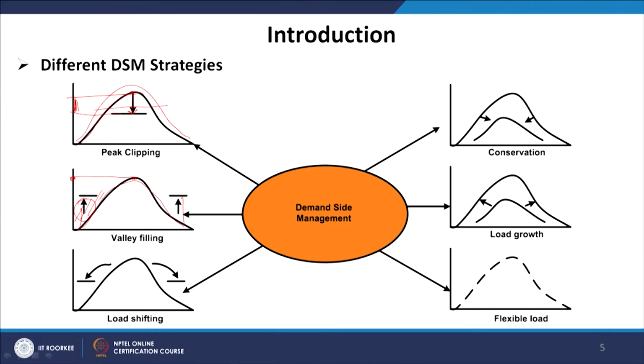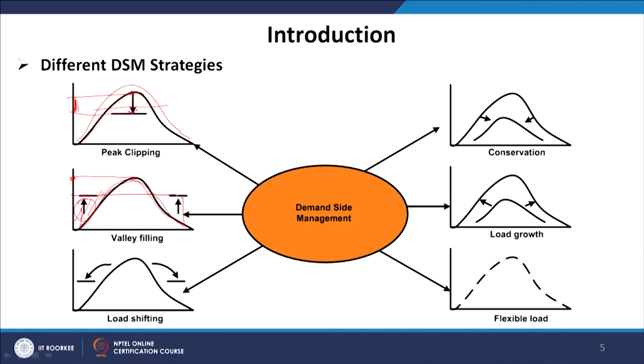After all, the area under the curve, or the energy for a given utility, has to be the same even though the time of operation changes. So I can say the area under this characteristic is the same as that of my original load curve.